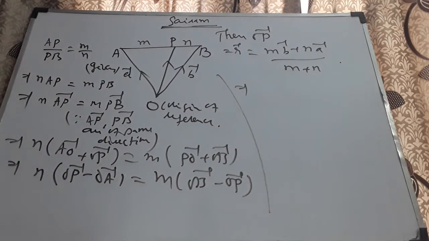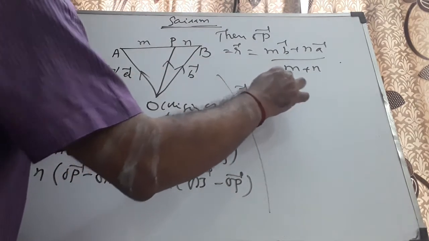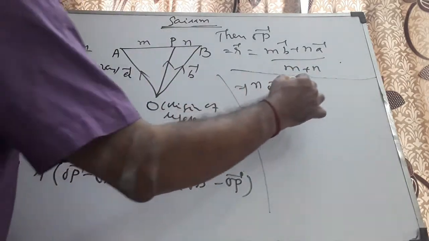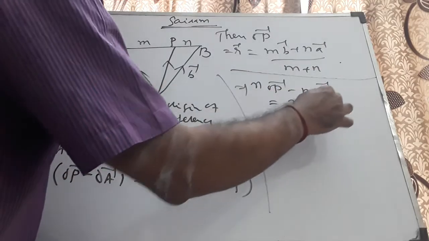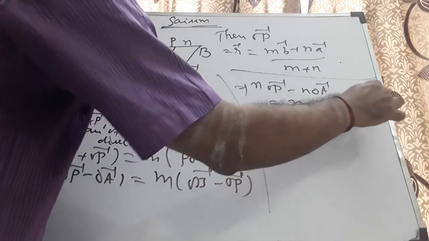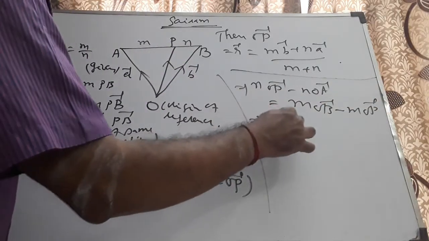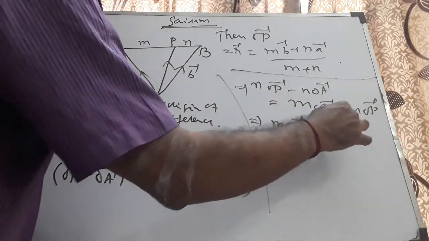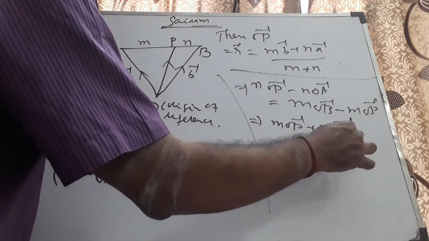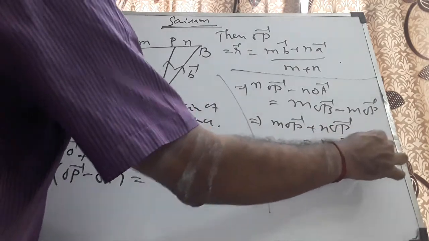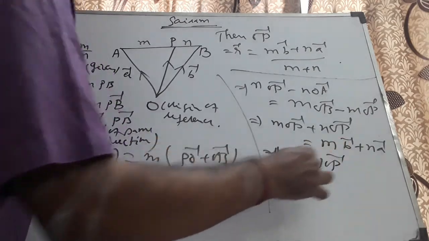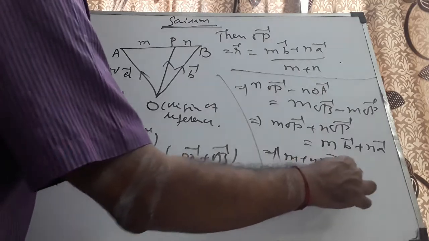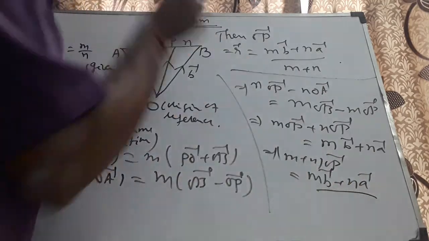Which implies n OP vector minus n OA vector is equal to m OB vector minus m OP vector, which implies m OP vector plus n OP vector is equal to m OB vector plus n OA vector, which implies m plus n times OP vector is equal to m b vector plus n a vector.